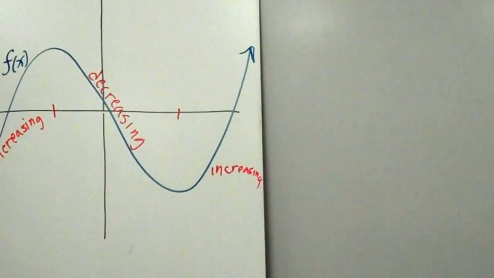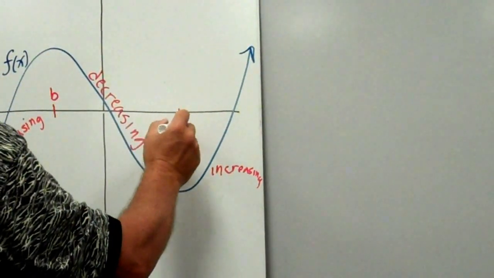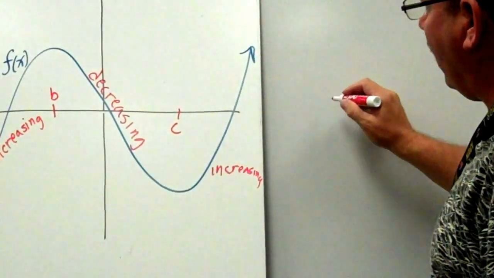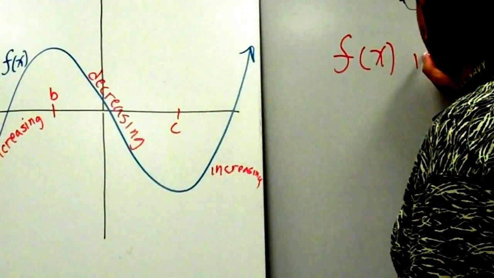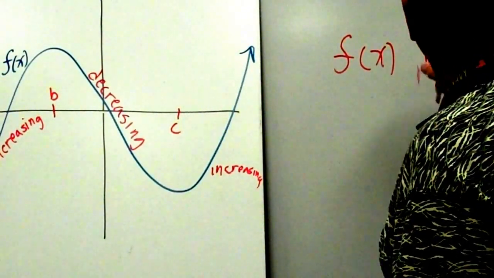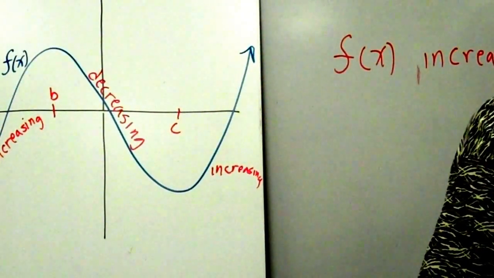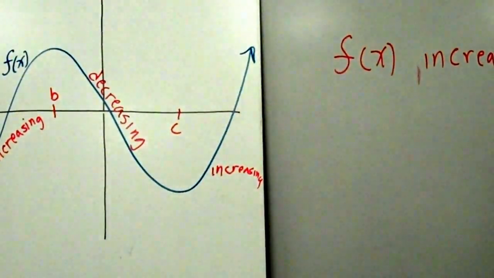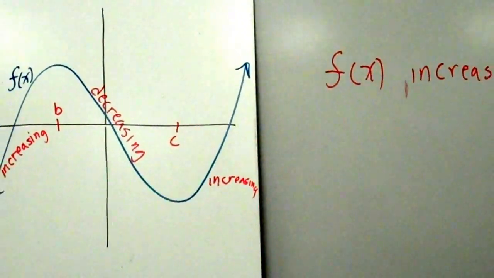We could say, if this was A, B, C, we could say that f of x increases on negative infinity all the way to b.